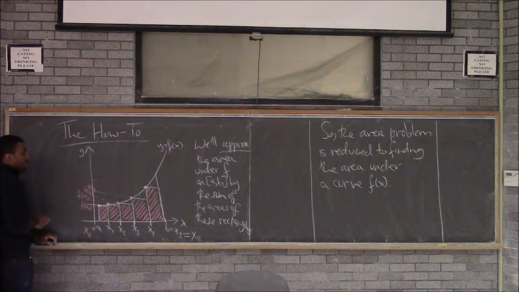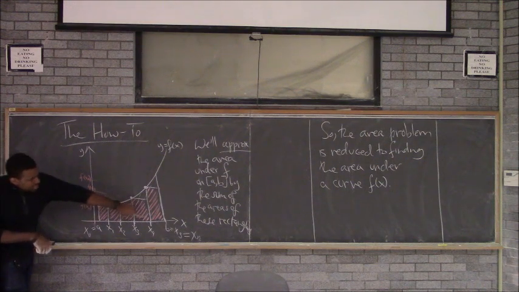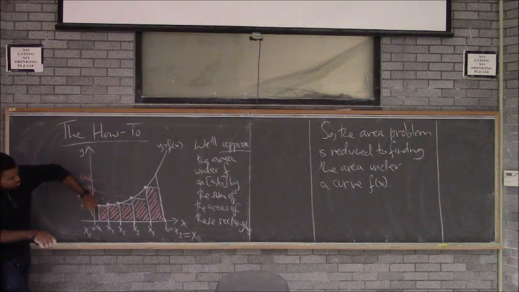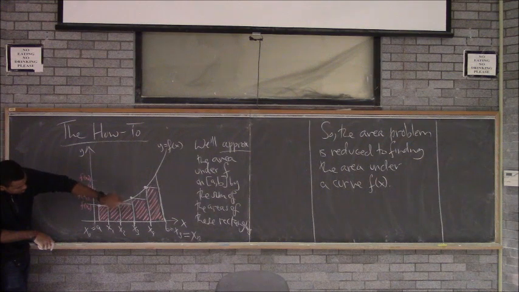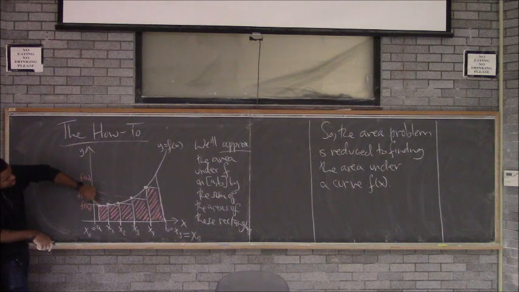By the time I reach the height over here, it's f of x4. So I'm going to dissect the x-axis in a very convenient way: x0, x1, x2, x3, and so on. And if I know the formula for that function, I'll be able to plug in the x value to figure out the height of a rectangle.